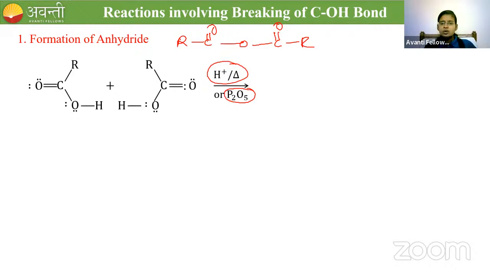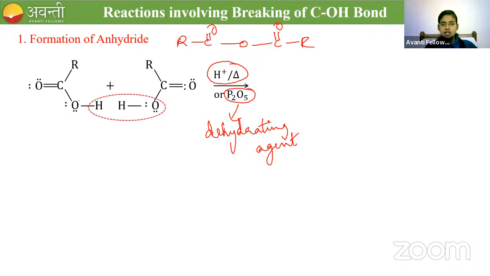P2O5 is a dehydrating agent. What is meant by dehydrating agent? The one which is used to remove water. H2O is removed and this oxygen is getting connected to the carbon.